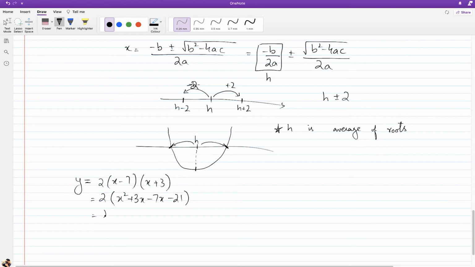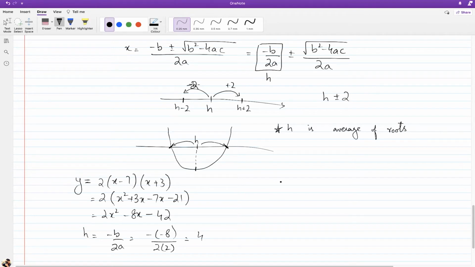And that way I get 2x squared minus 8x minus 42. And then I'm like, okay, h is going to be minus b over 2a, which is minus 8 over 2 times 2, which is 4, right? That is one way.